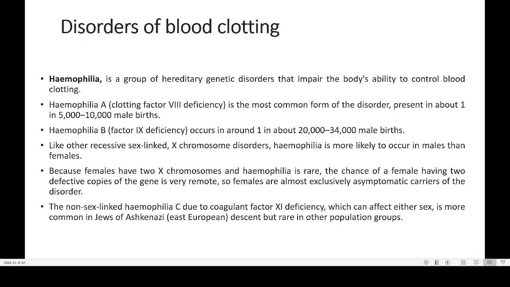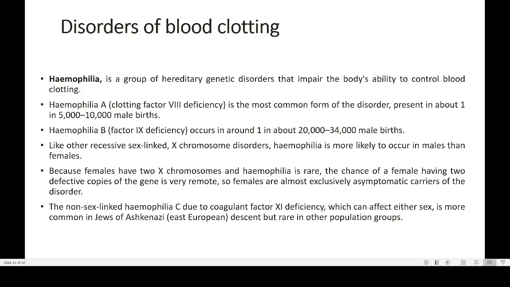But in the case of male, there is one X chromosome and one Y chromosome. So even if there is only one copy of the defective gene in the X chromosome, that character will be fully expressed or fully observed.